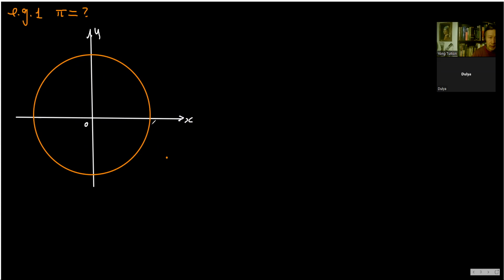So this is (1, 0) and this is (0, 1), right? The formula for this one is x squared plus y squared equals 1. If we just focus on this quarter, y can be solved as a positive value: y is the square root of 1 minus x squared.